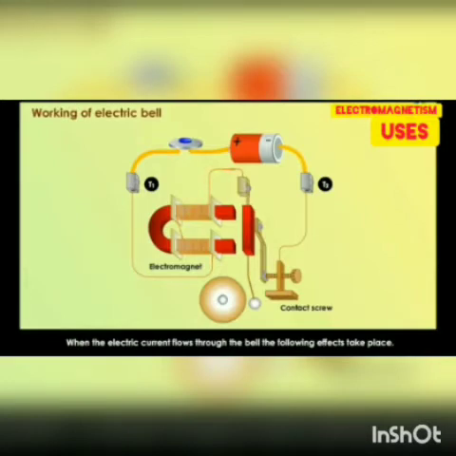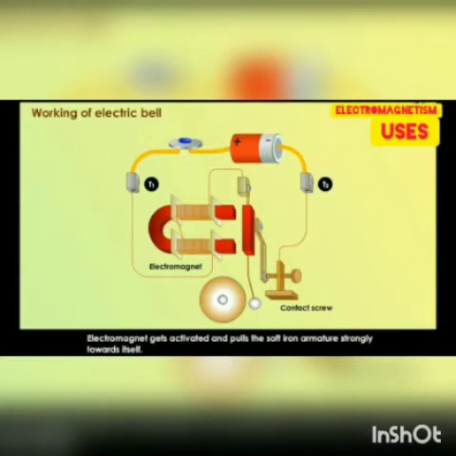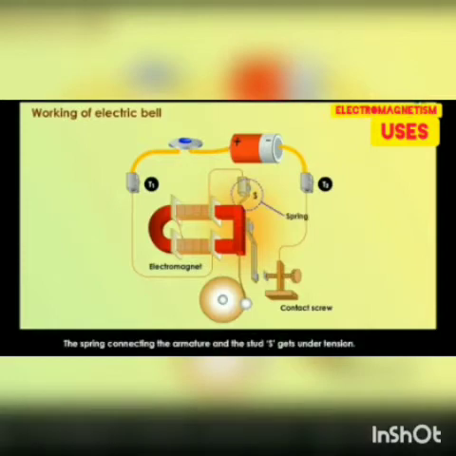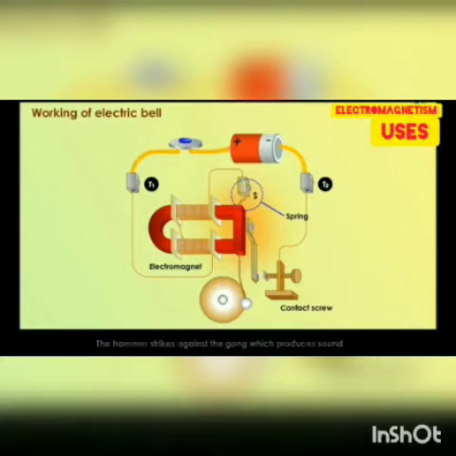When the electric current flows through the bell, the following effects take place. The electromagnet gets activated and pulls the soft iron armature strongly towards itself. The spring connecting the armature and the stud S gets under tension.